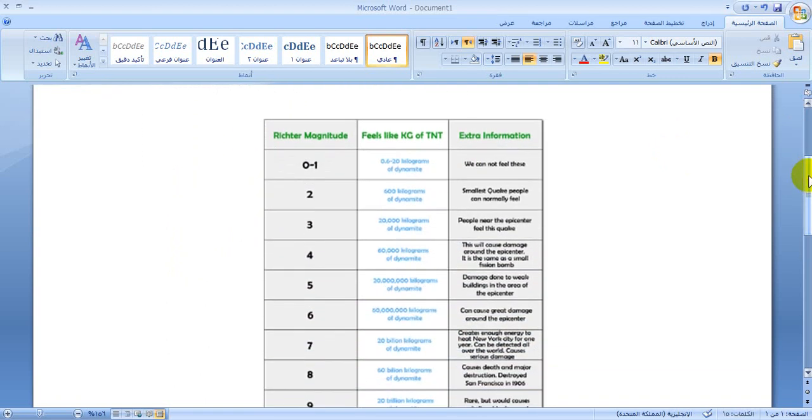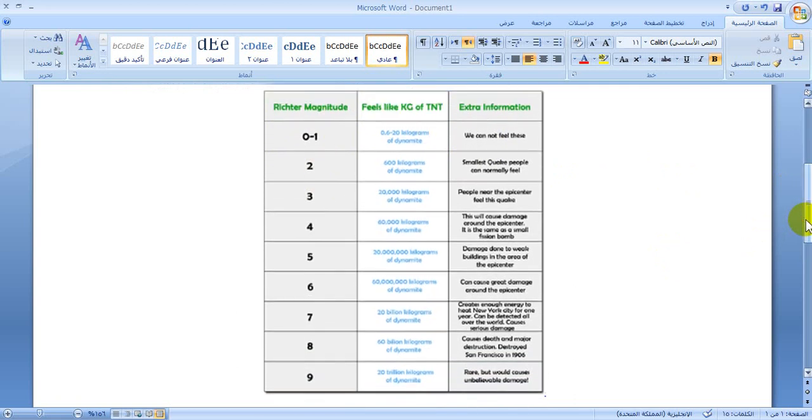This table, dear viewers, consists of three columns. The first column is Richter magnitude. As we know, the Richter scale is measured from 0 to 10, but here it is measured from 0 to 9 because 10 has never been recorded in geological history.